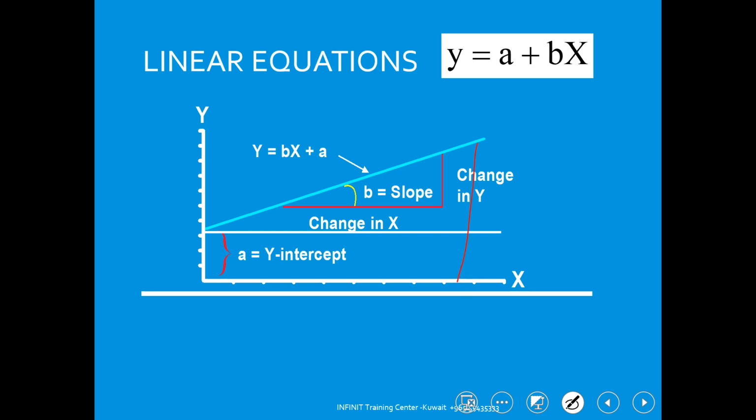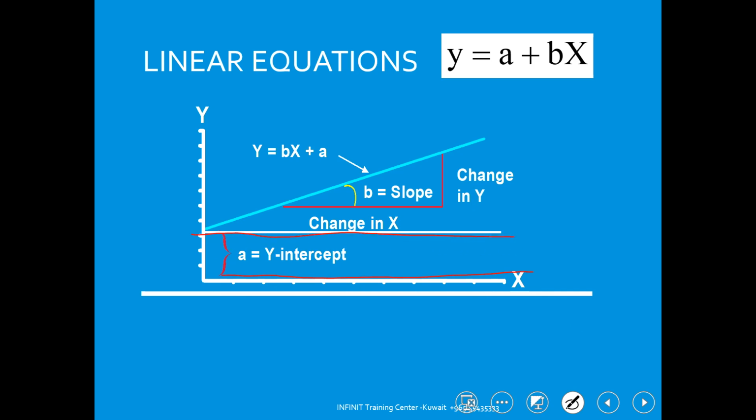Here it is clearly visible. If this is the total cost, we can say this is the fixed cost. Whatever your X is, it is always the same. That we call fixed cost. Whatever your production is, you have some cost that is fixed.